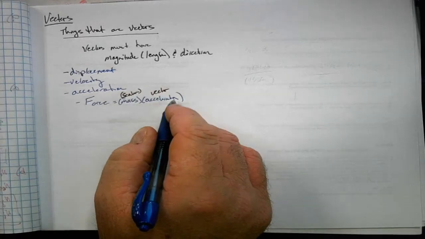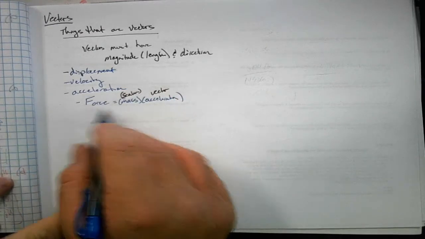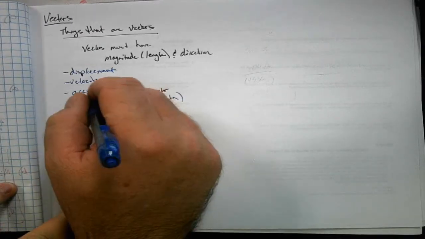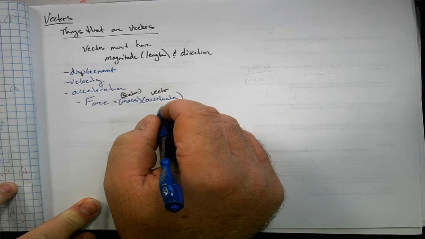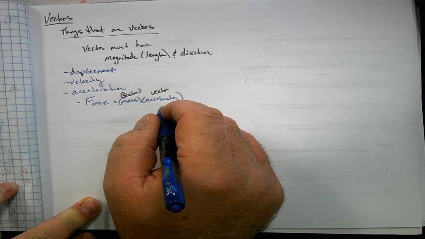Whenever we multiply a scalar times a vector, we keep a vector. And a scalar just makes it bigger. And sometimes they do different terms. So our force is now also a vector because it has an acceleration component to it. Does that make sense?